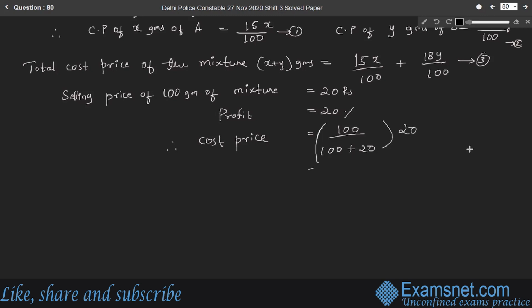Simplify it: cost price becomes 100 by 120 into 20, which is 100 by 6. Cost price of only 100 grams of mixture is 100 by 6.